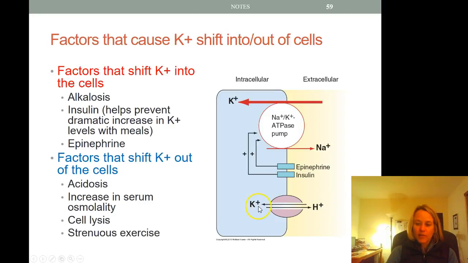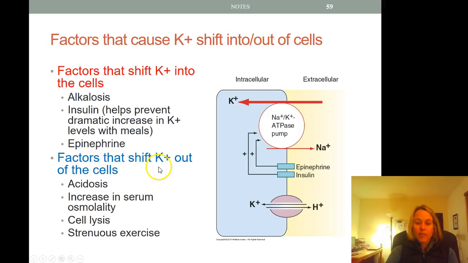So potassium can be exchanged for hydrogen, and that will help to raise the hydrogen ion concentration, at the same time causing potassium from the extracellular fluid to go into the cell, lowering the potassium in the blood.